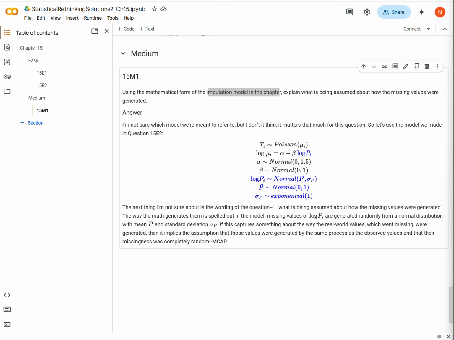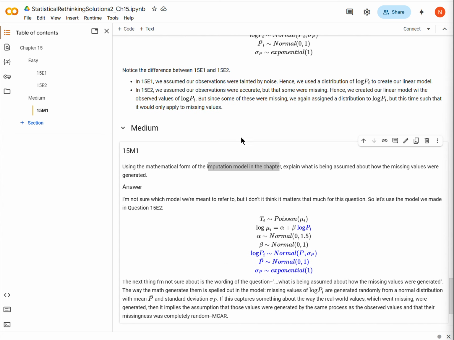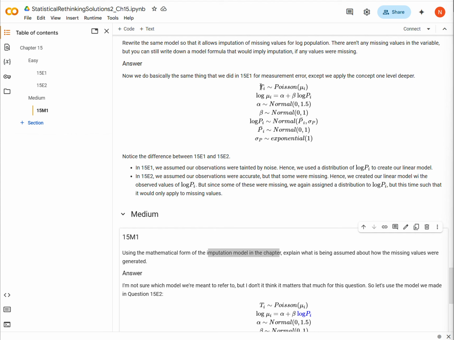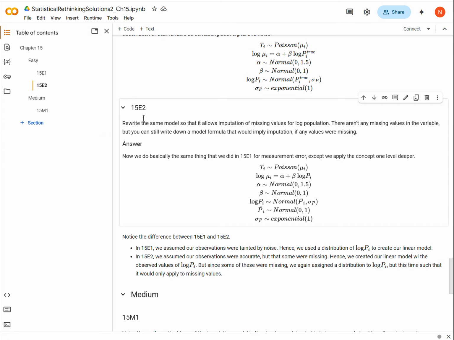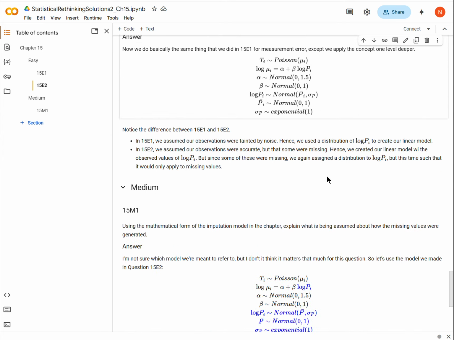I could be wrong about that, but nevertheless, we will just use the model that we generated for 15E2, in which we had to modify a model to allow for multiple imputation of missing values, where we had missing values of log population. Okay, and so that's what we're going to do.